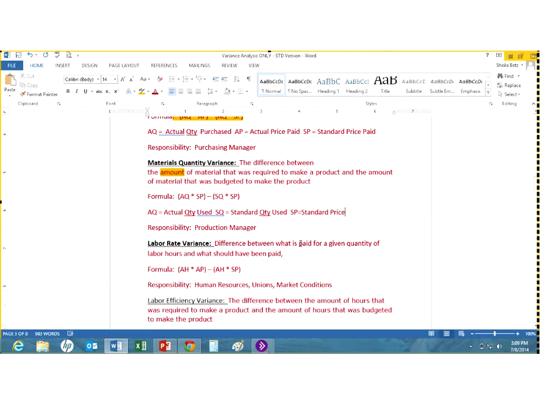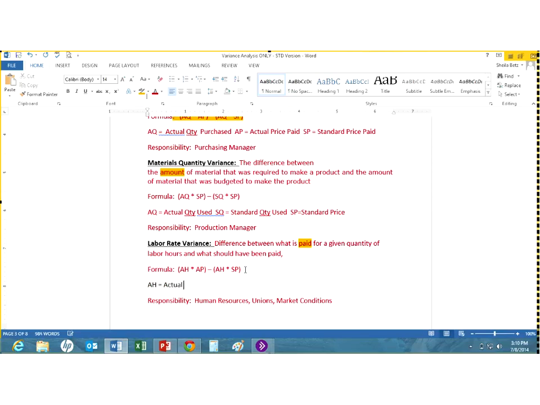Then we have the labor rate variance, where we look at the difference between what we actually paid our employees versus what we had expected to pay. For this formula, we use AH, which is the actual hours worked, times AP, the actual price that we paid, and SP still stands for the standard price.